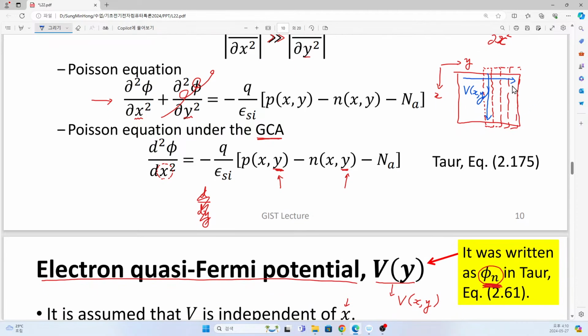So it means that at a given slab here, we have only one Poisson equation and a fixed electron quasi-Fermi potential. So once the electron quasi-Fermi potential is fixed, we can also have just a simple proportionality between the exponential of potential and electron density.